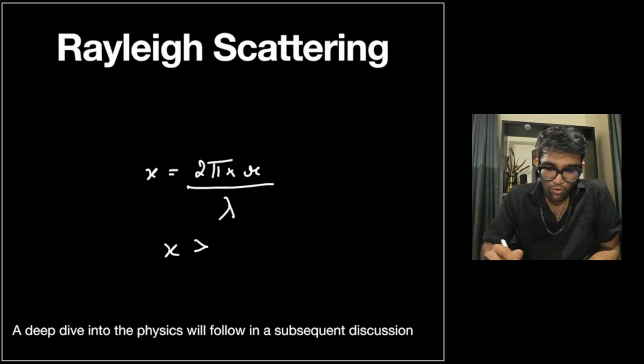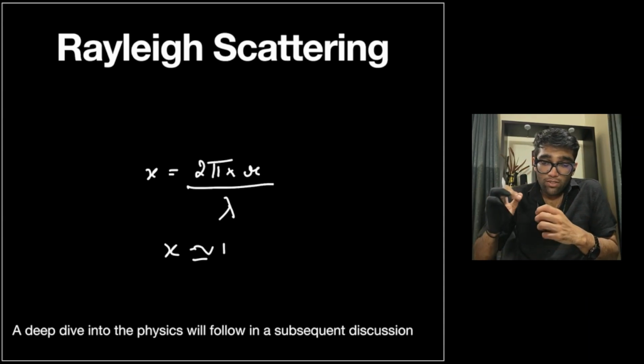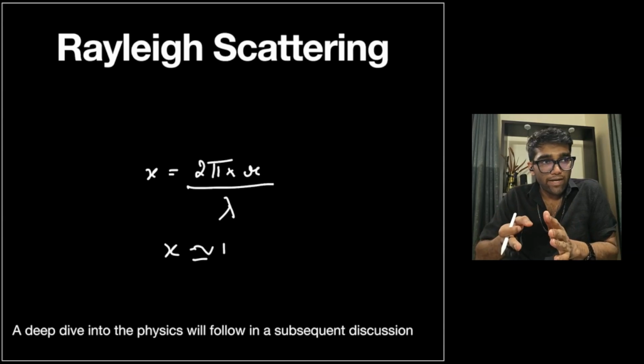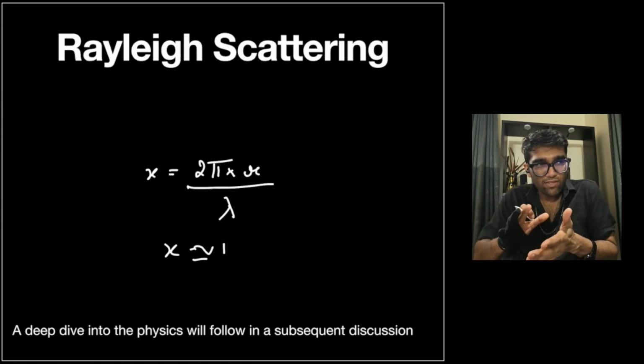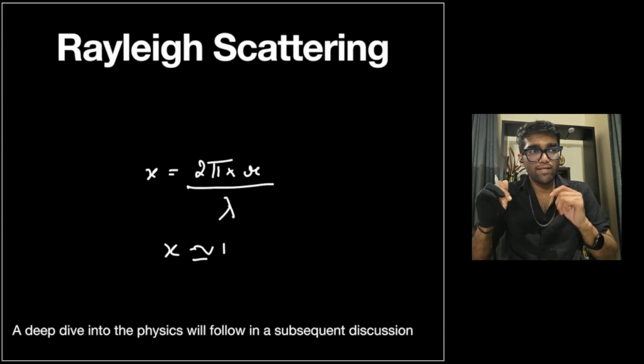When x approximates 1, that is, the particle size is similar to the wavelength of the light, there are two types of scattering that might happen. You may get something called Mie scattering, and there is another phenomenon called Raman scattering. Raman scattering is related to the polarization of the light, so it changes the polarization of the light. We'll get into it at a later date.